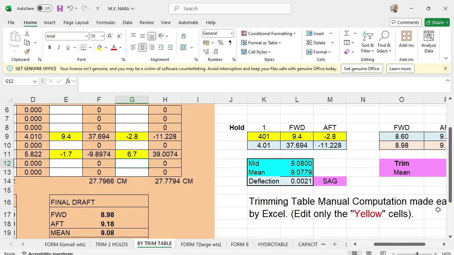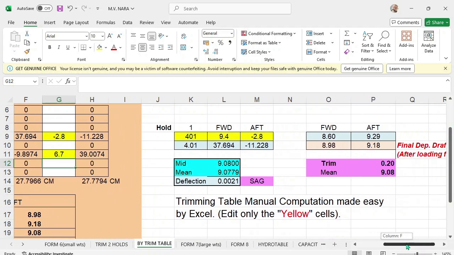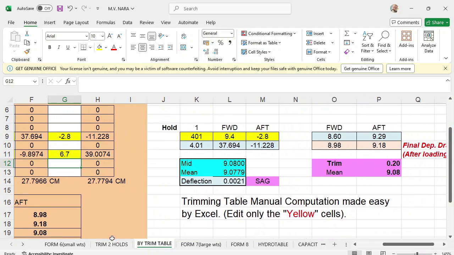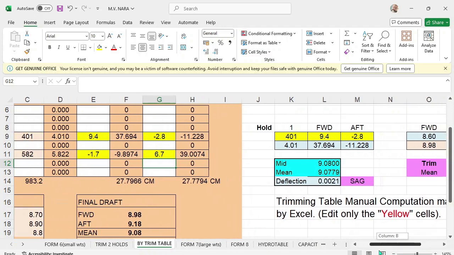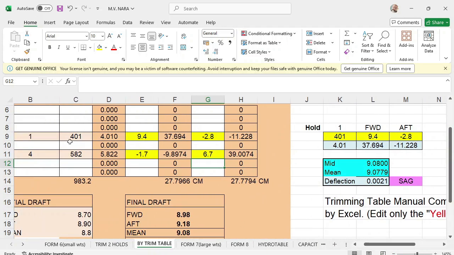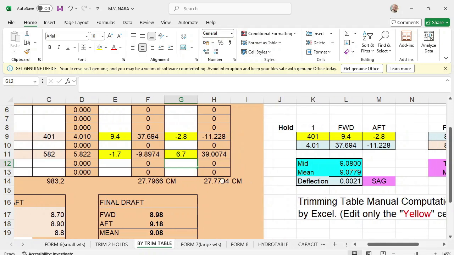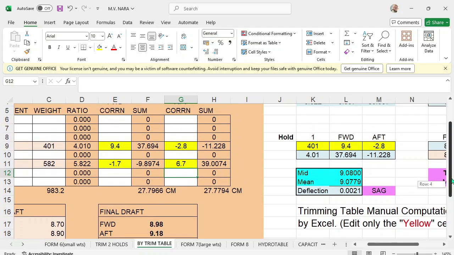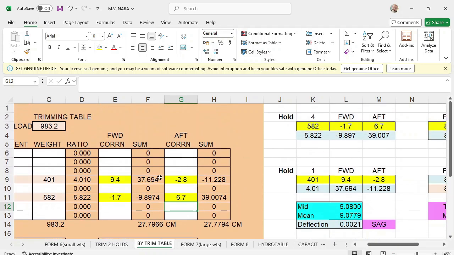Because first we load in hold number 1 of 400.01. When you load, look at the correction of hold number 1: forward correction 9.4, aft correction negative 2.8. And in number 4, your load is 582.